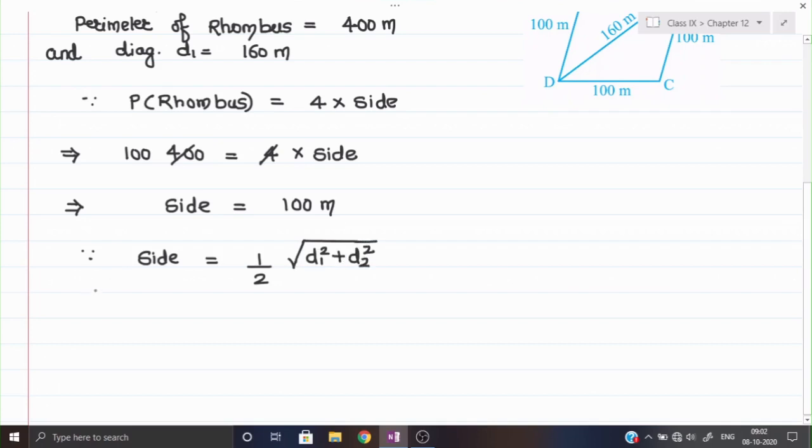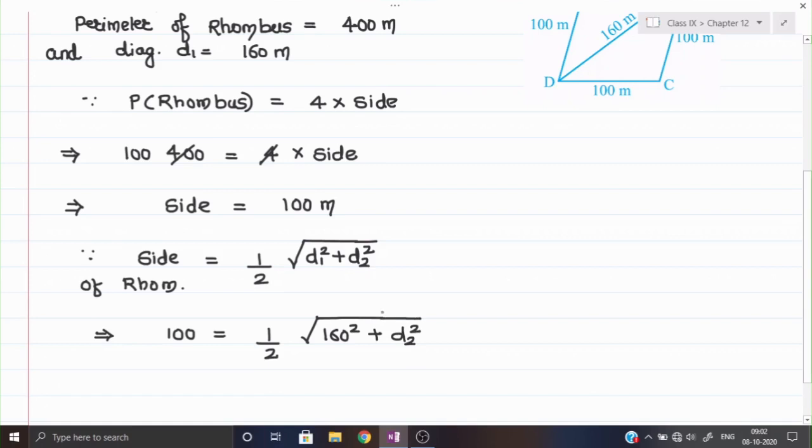It is the side of a rhombus, not of any other figure. So for the side of rhombus, what we got earlier, 100, is equal to 1 upon 2 into under root of, for one of the diagonals given in the question, 160. So the square of 160 plus the square of the second diagonal, which we keep as it is.